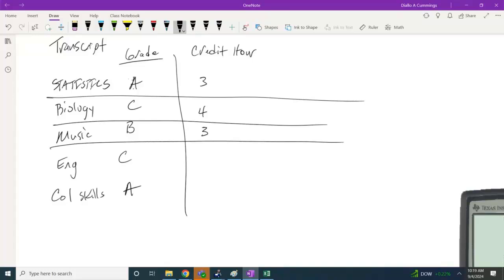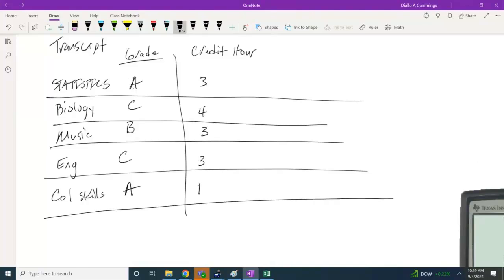Music is a 3 credit hour course. English is 3. And college skills is a 1 credit hour course, right? So in this particular semester, we had taken 7, 8, 9, 10, 14 credit hours.